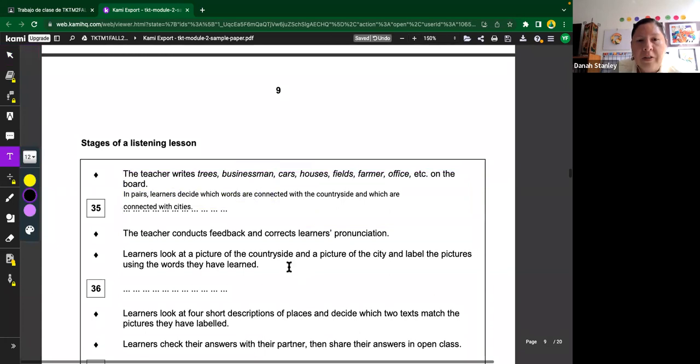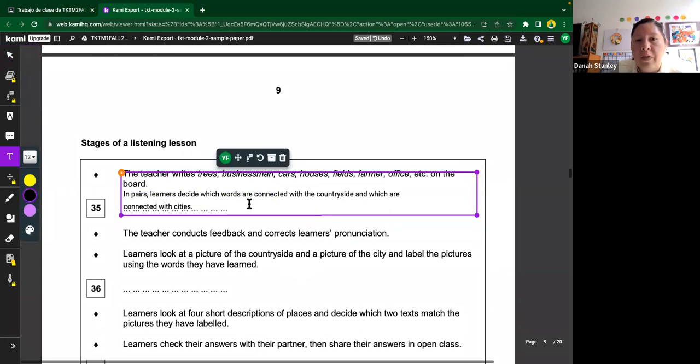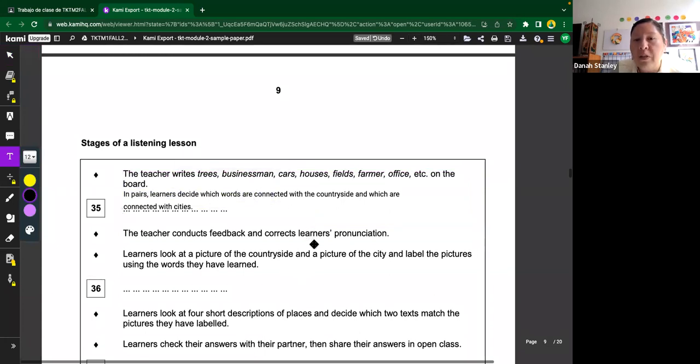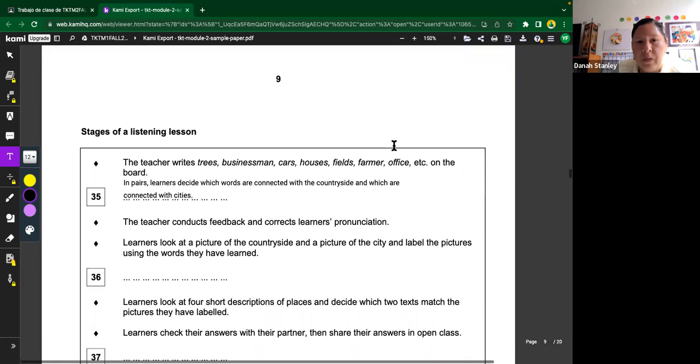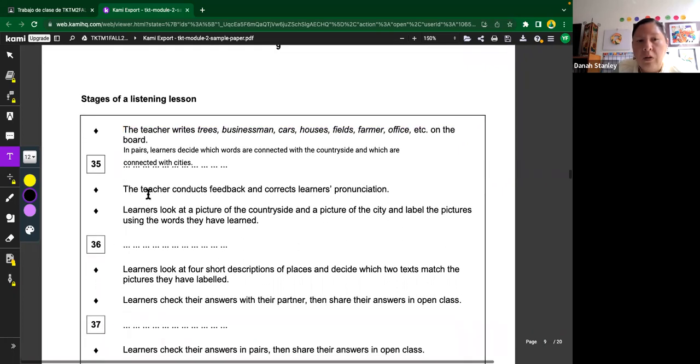In pairs, learners decide which words are connected with the countryside and which are connected with the city. Countryside: trees, houses, fields, farmer. City: businessmen, cars, office, etc. Then the teacher gives feedback on the pronunciation.